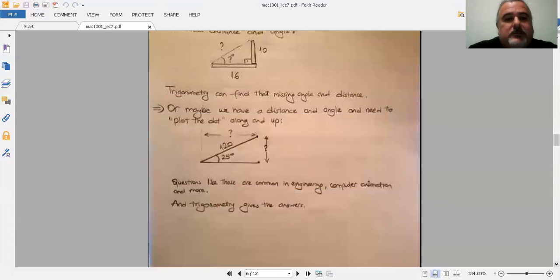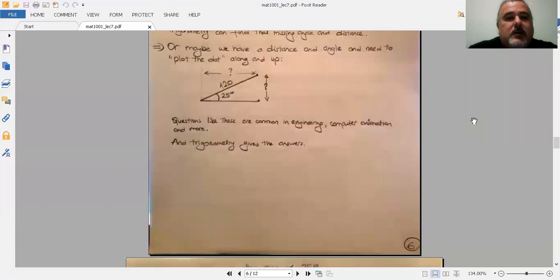The other thing is, maybe we have a distance and angle and need to plot the dot along and up. Okay, here, for example, we know this length, we know the angle, but we don't know this side and this side.